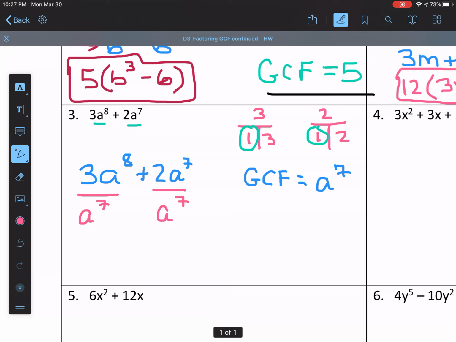And remember, we discussed that when we divide variables, we subtract our exponents. So here we still have the 3 that didn't go anywhere, but then when we do 8 minus 7, we're left with a to the 1st, or just a, plus, now 2a to the 7th over a to the 7th. Now what happens when you've got the exact same value top and bottom, these just cancel out, and then you're left with 2. Okay?